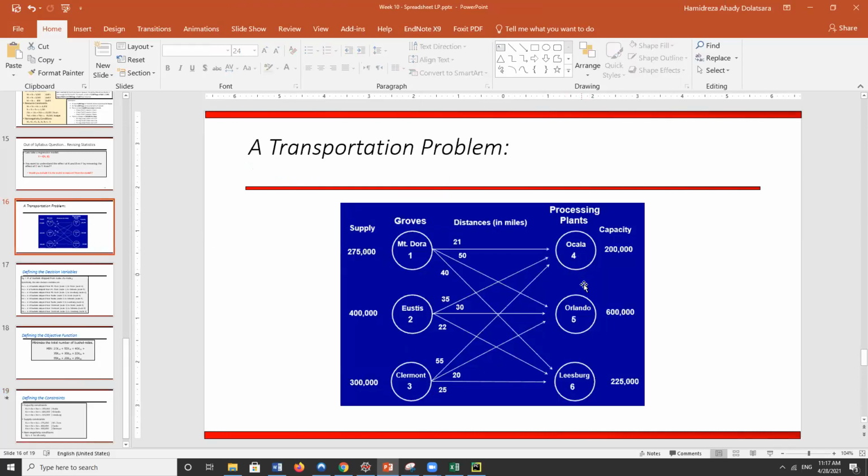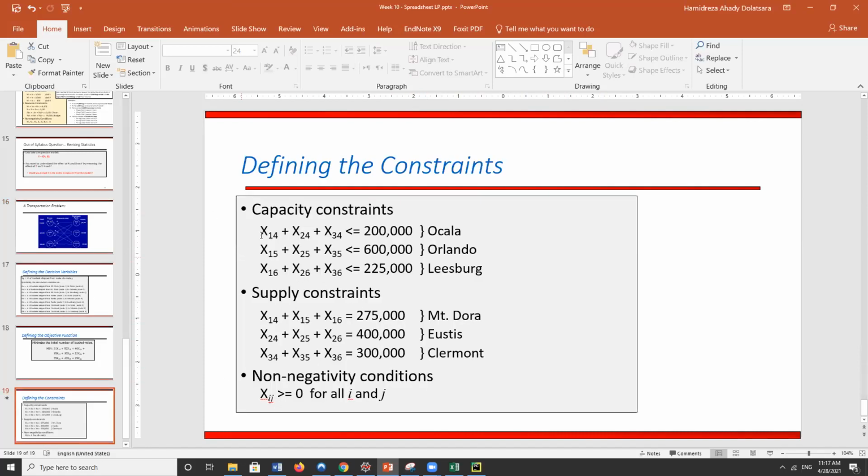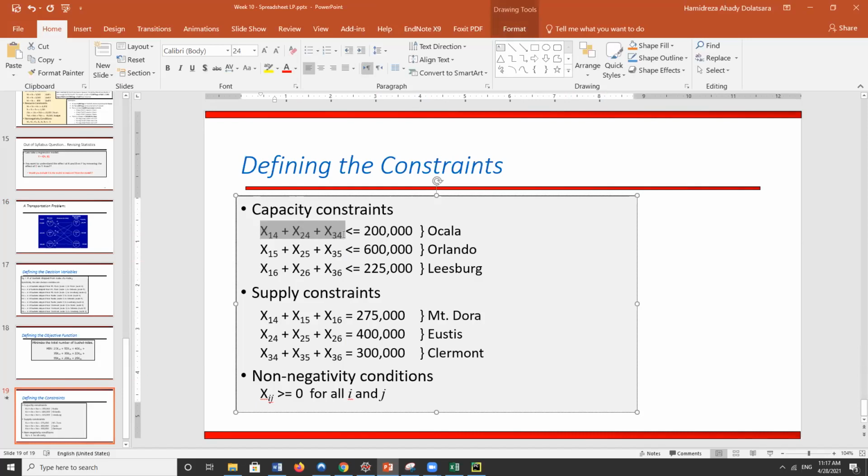So for capacity of the processing plants, for example, for Ocala, we have 200K capacity. We know this comes from 1 to 4, from Mount Dora, 2 to 4, and also from 3 to 4. 1 to 4, 2 to 4, 3 to 4.